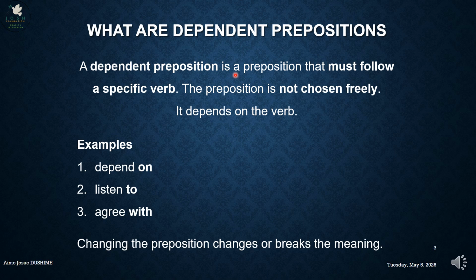Meaning that we have a preposition that is obliged to follow a specific verb. And again, as I said before, the preposition is not chosen freely. You can't just wake up and say, okay, I just want to put at, or I just want to put in after this verb. No, it depends on the verb that you have. Let's see examples.